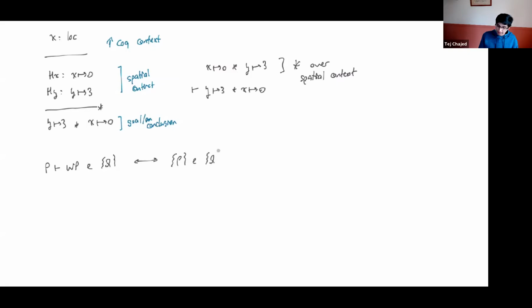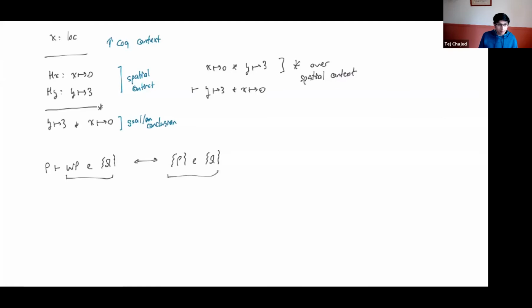So the meaning of this WP is if this holds in a heap, then running E in that heap will produce a state satisfying Q. Okay? So remember that that's what this Hoare triple means.